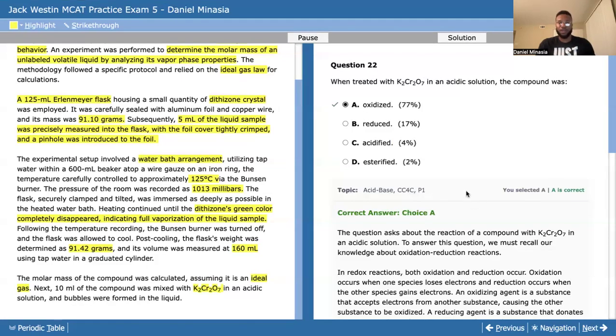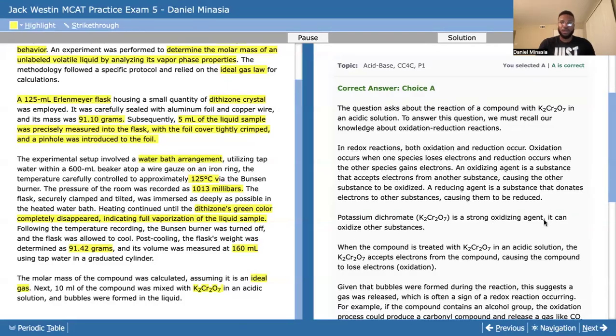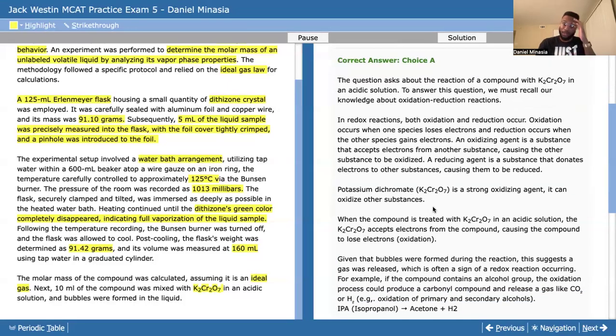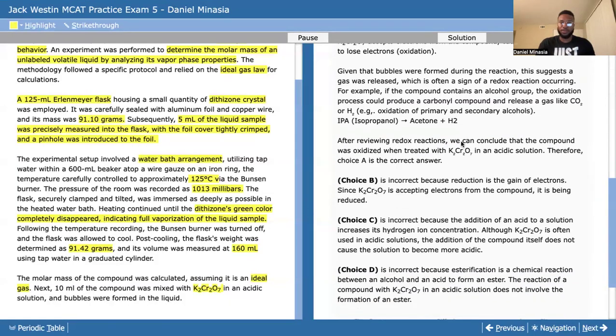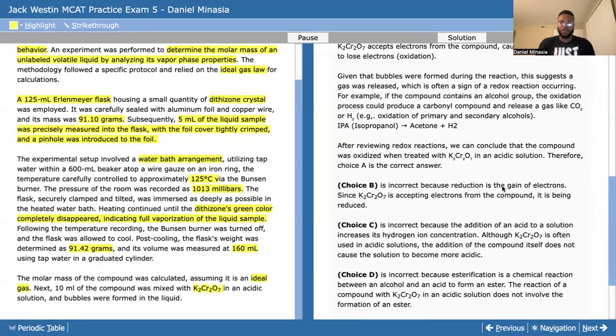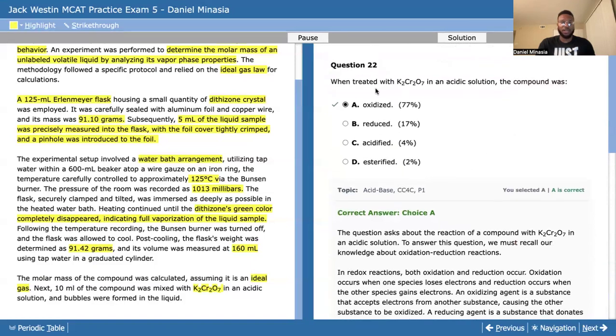So yep, oxidized. Potassium dichromate is a strong oxidizing agent that can oxidize other substances. Given the bubbles were formed, gas was released, which is a sign of a redox reaction occurring. Again, reduction is the gain of electrons, and potassium dichromate is accepting electrons because it's an oxidizing agent.